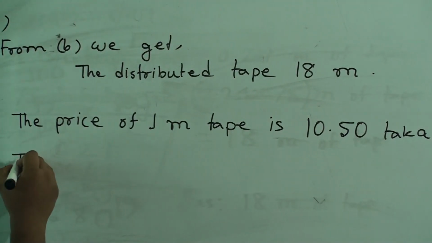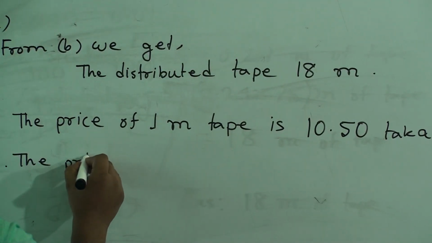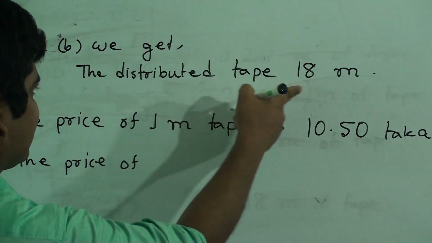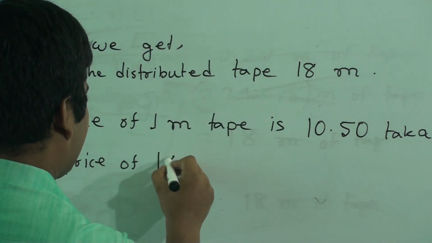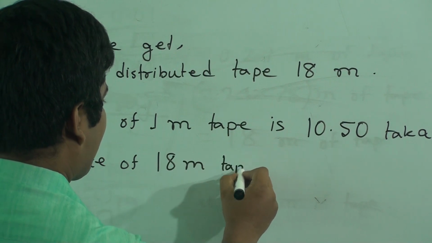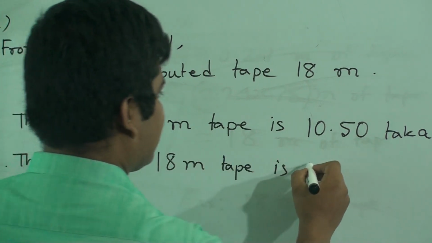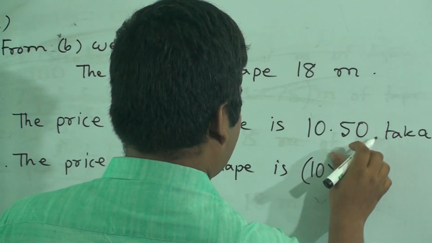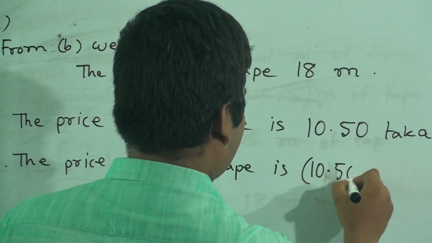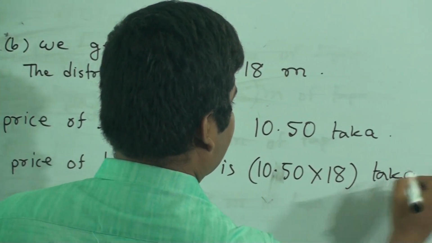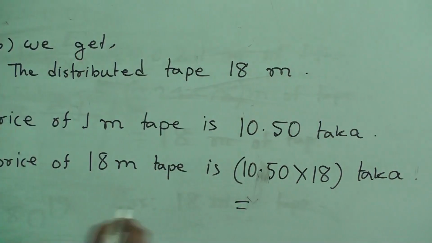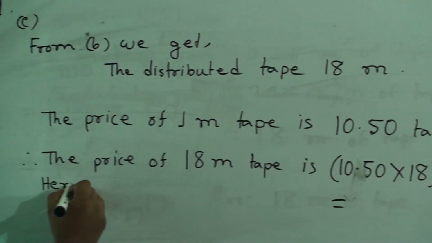Now we find out the price of this distributed tape amount, that means 18 meter tape is 10.50 multiplied by 18 taka. Now we show the solution procedure here.